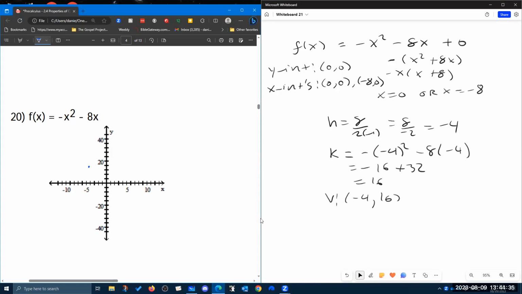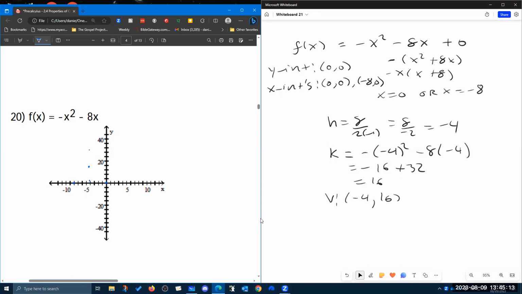Our x-intercepts are at (0, 0) and at (-8, 0). There we go, right there. And our axis of symmetry is right here at x equals -4.